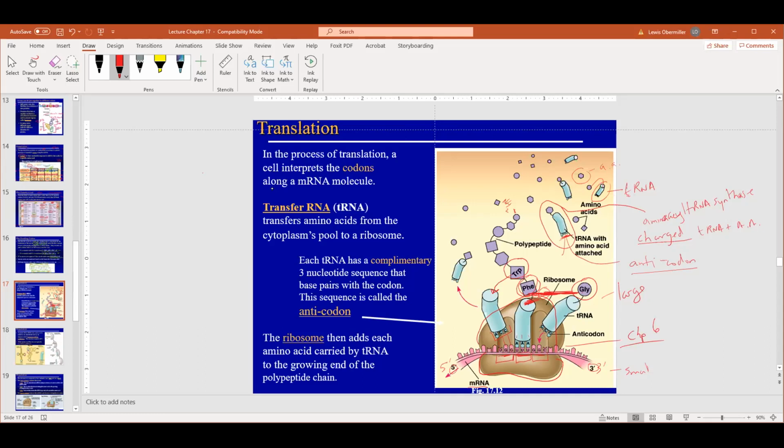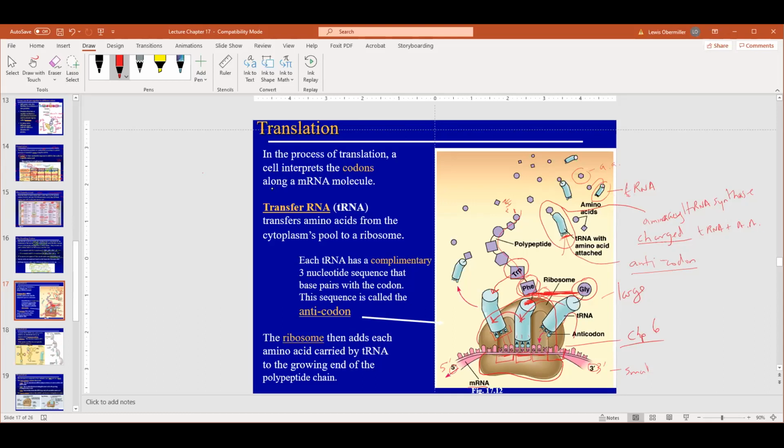Then the ribosome moves over one space, and this one would end up here. Since it's cleaved, it would have no amino acid on it. This one now has the growing protein chain on it, and it's going to end up in this spot. And then the next spot would be these 3 letters right here.